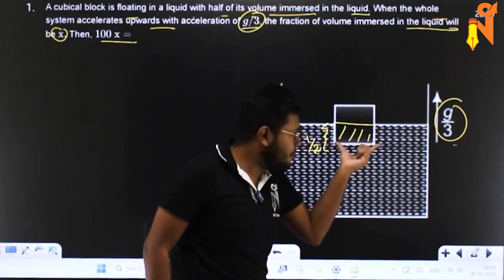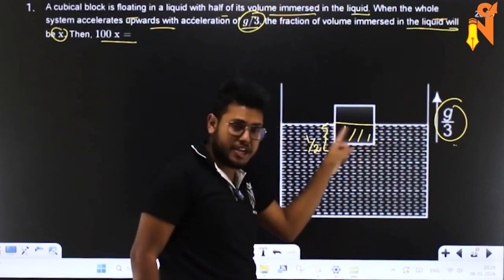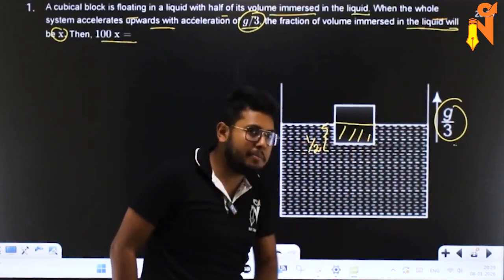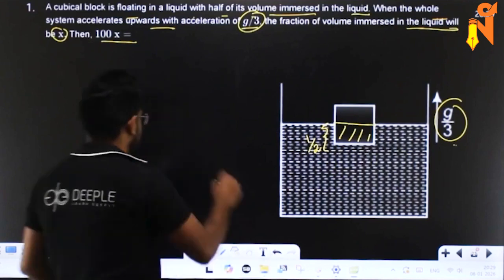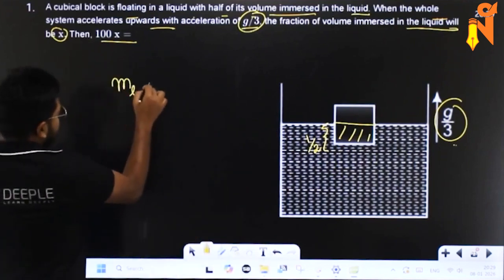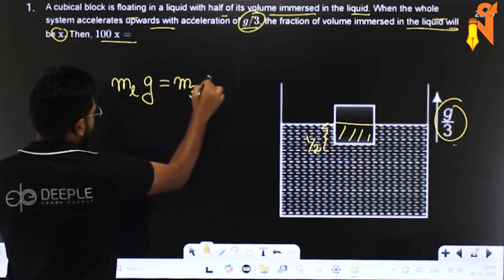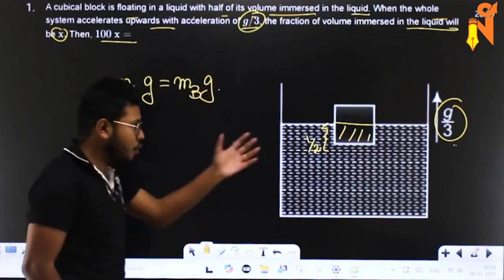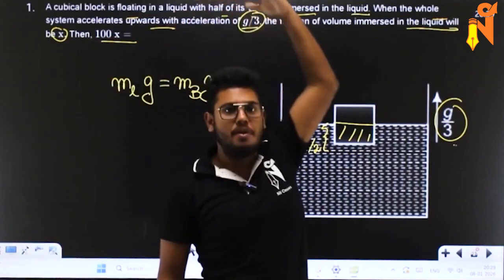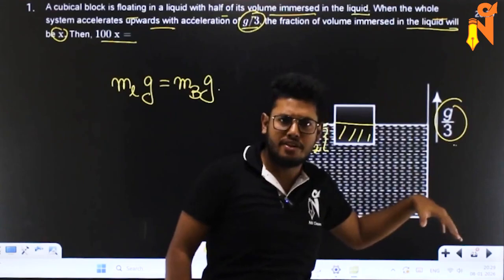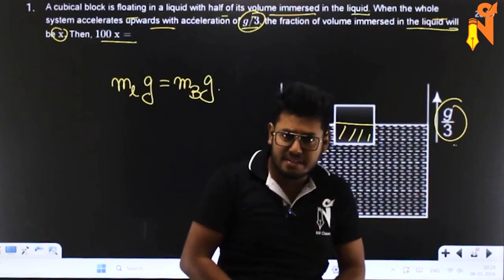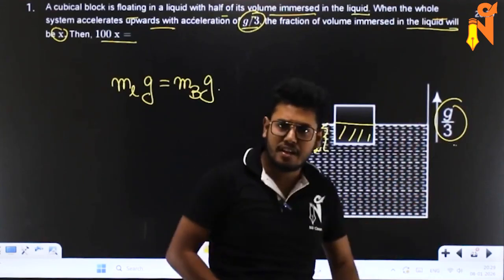The weight of the displaced liquid, this yellow shaded part, is the same as the weight of the block. So mass of liquid into g will be mass of the block into g. Now if the whole system is going up with g by 3, what will happen? In the pseudo frame, only the g effective will change. That will become g plus g by 3. What will happen?